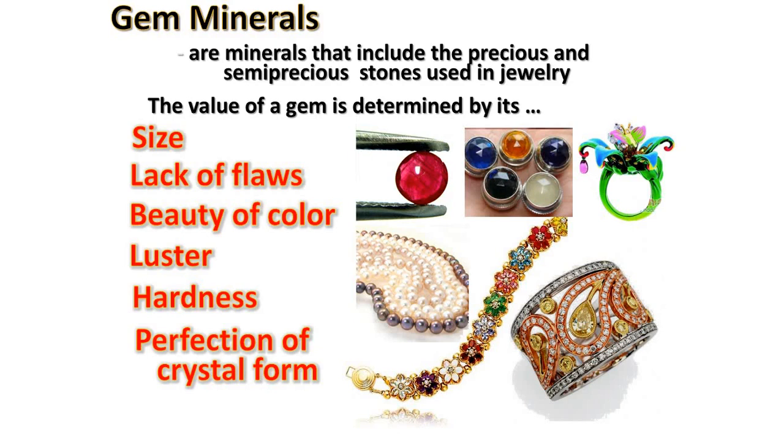And we have also here some semi-precious stones. You have the jade, the peridot, smoky quartz, topaz, tourmaline, turquoise, and zircons. So these are semi-precious. Ibig sabihin hindi ganun kataas yung value nila sa market.